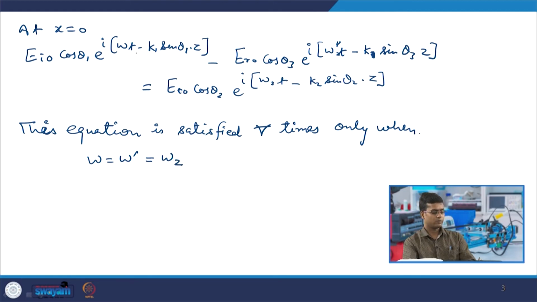Why? Because for all the values of t, all the omegas have to be the same. So, this is the first condition, that this condition should be satisfied.